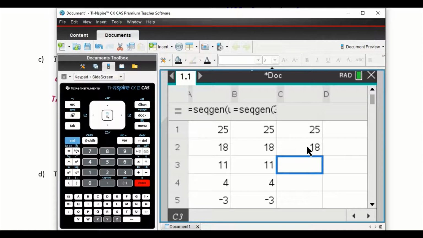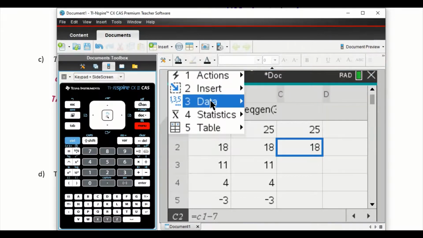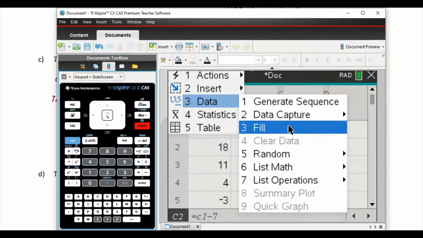Then after that, what do we need to do? You can imagine everything is just recursive, right? So you go to 18. Then with the help of your calculator: menu 3, menu, data, fill.